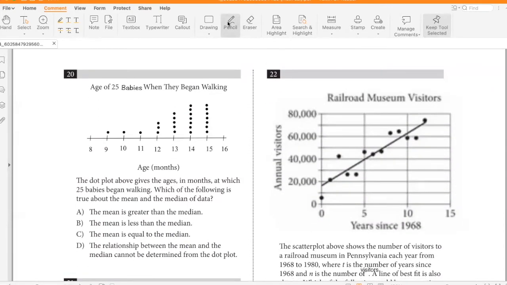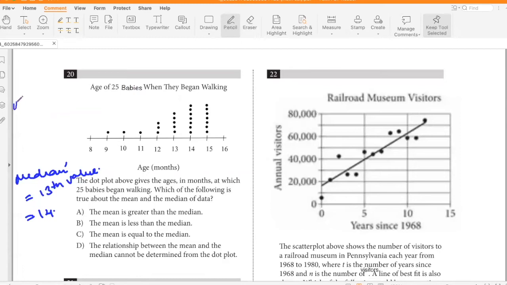The dot plot above gives the ages in months at which 25 babies began walking. Which of the following is true about the mean and the median of the data? So for 25 babies, the median would be the 13th value. So that's 1, 2, 3, 4, 5, 6, 7, 8, 9, 10, 11, 12, 13. So 14 is the median.